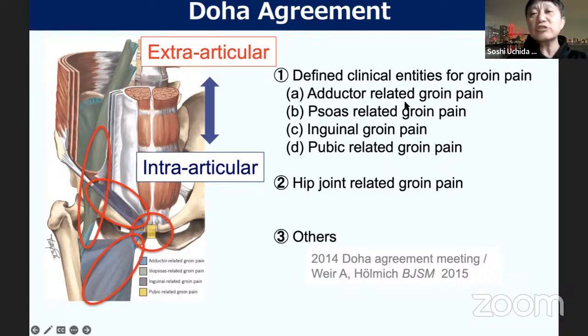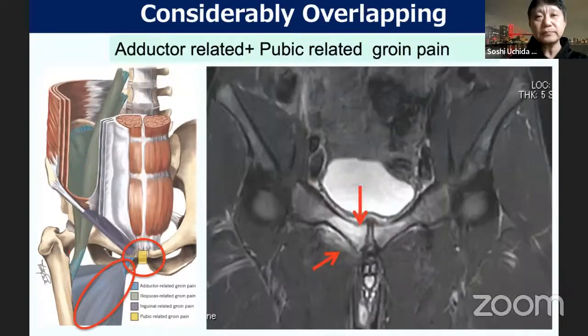Number two, psoas-related groin pain. Number three, inguinal-related groin pain. And number four, pubic-related groin pain. And intra-articular groin pain consists of hip joint-related groin pain, such as FAI, labrum tear, and hip dysplasia.